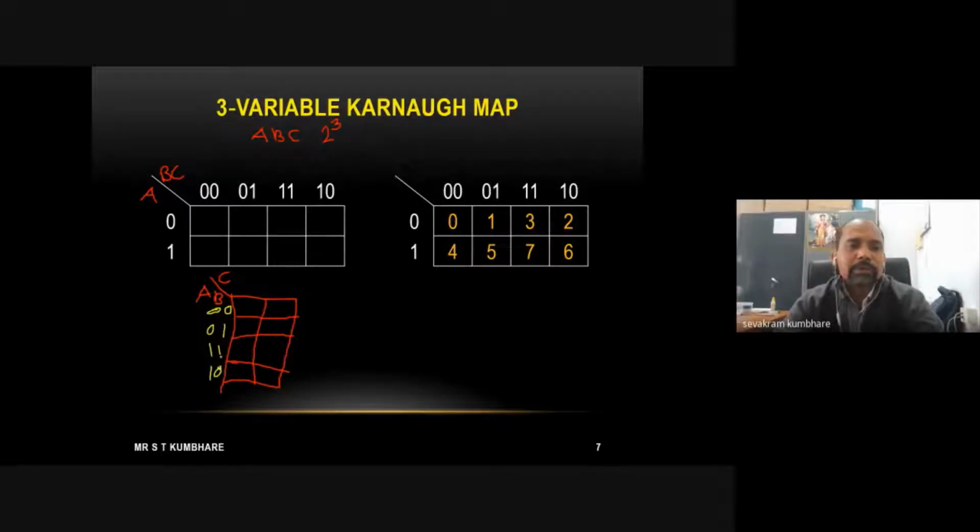Just now we have seen this. And this will be 0, this will be 1. So in this column, C will be 0. In this column, C will be 1. In this row, A will be 0 and B will be 0. In this row, A will be 0, B will be 1. In this row, A will be 1 and B will be 1. In this row, A will be 1, B will be 0. So like this, you can mention.